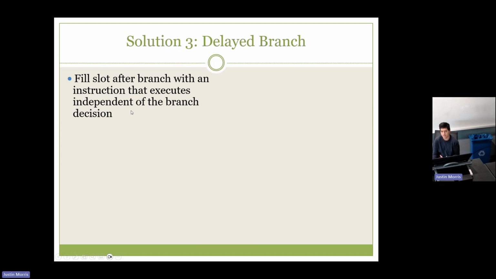So we're just finding some independent instruction of that control hazard, and we're going to execute that right after the branch so that we can have that one cycle of time to figure out what is the branch, is it going to be taken or not taken, and then we can immediately, after that one cycle delay, fetch the correct instruction. There's no need for prediction.